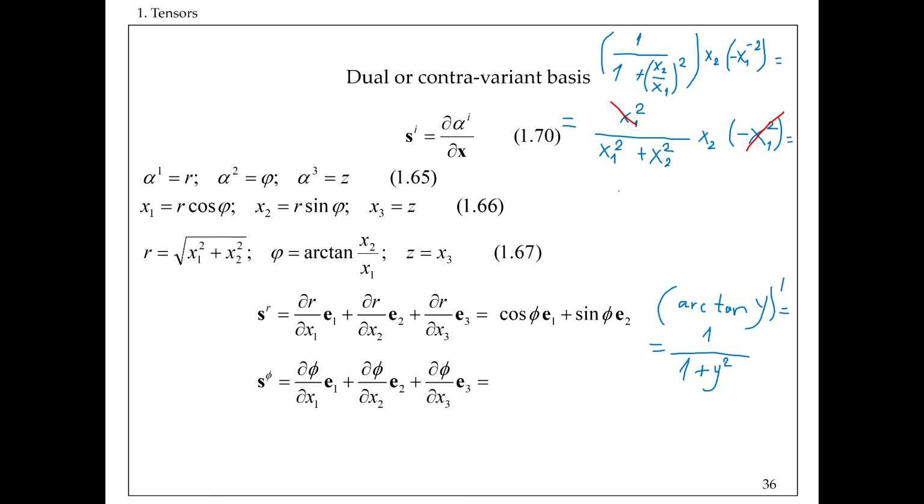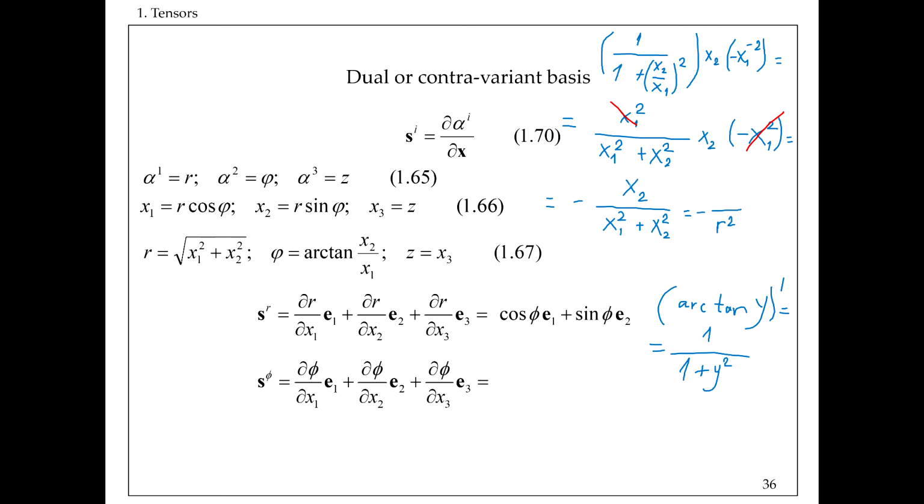Then we continue the derivative, ending up with x2 divided by x1 squared plus x2 squared, and then we can notice that x1 squared plus x2 squared is nothing but r squared. This r squared, with the minus, we still need to carry with us.